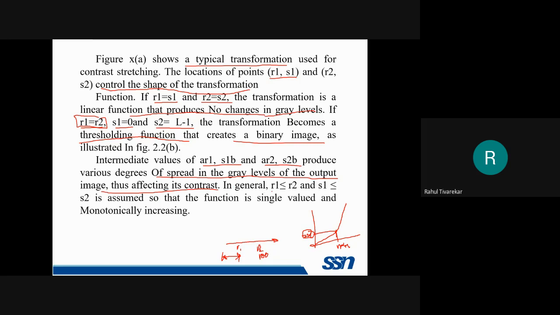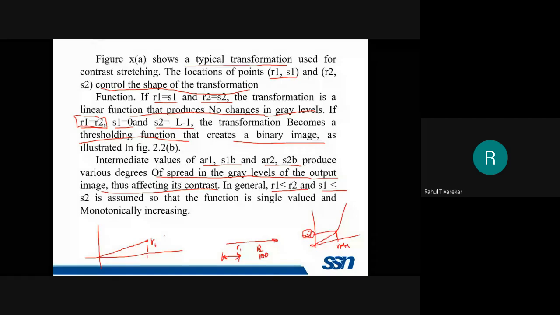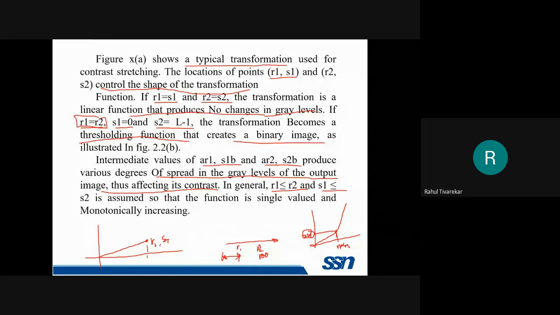In general, R1 is less than R2 and S1 is less than S2. See, if I take R1 greater than R2, suppose this is my point R1, S1, and someone chooses a value of R2 which is somewhere here, and this is the maximum point.